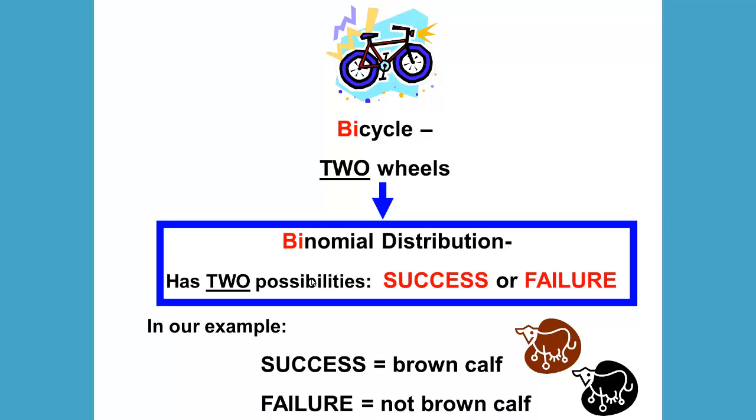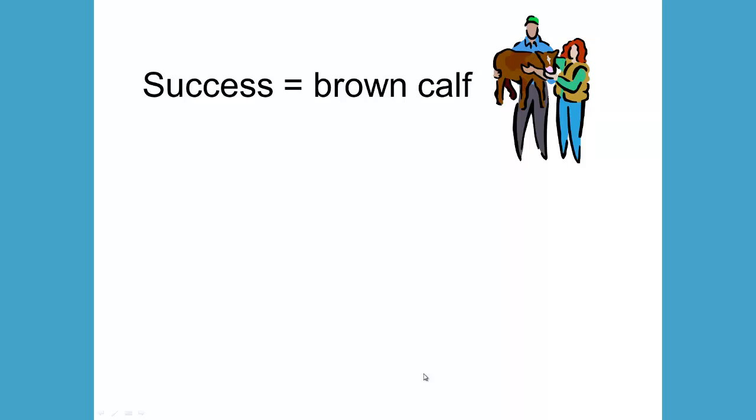In our example that we just finished, a success was a brown calf and a failure is not a brown calf. The success is defined in the problem and not a judgment call. Again, we need notation. Notation is vital in the study of statistics.